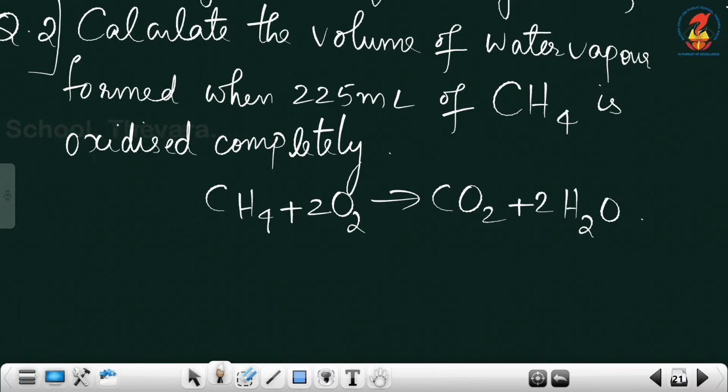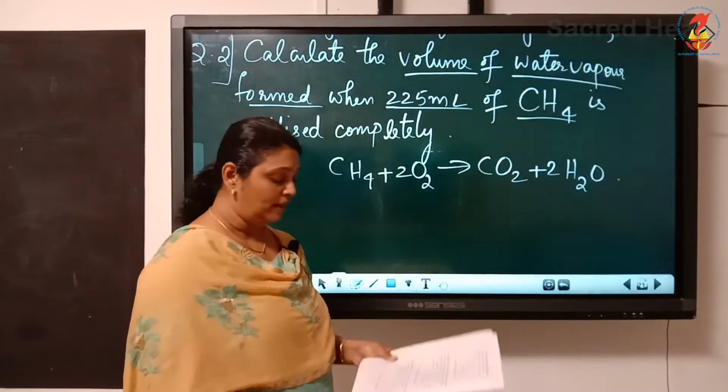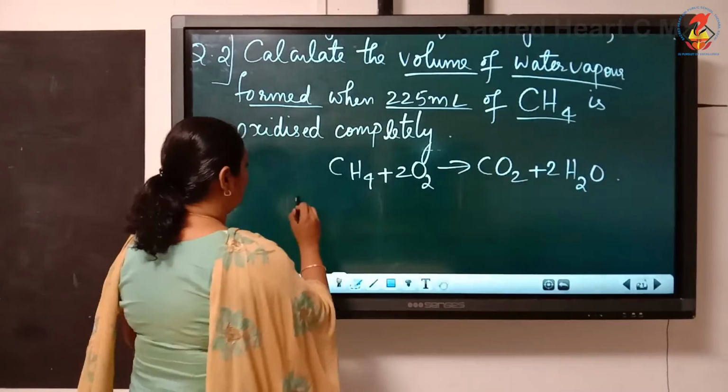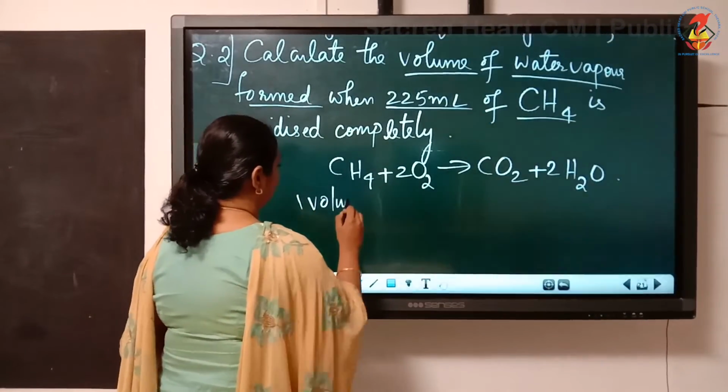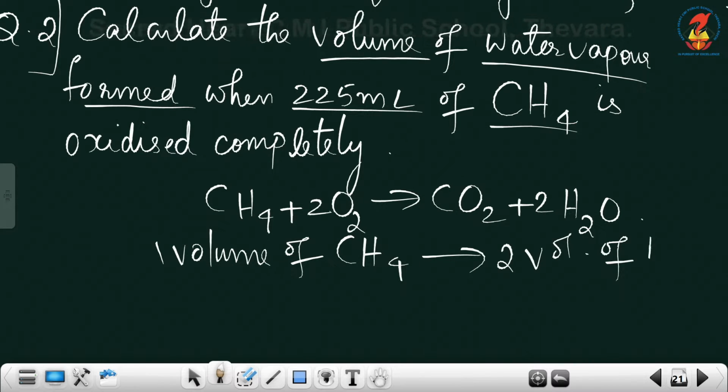Now, the question is to calculate the volume of water vapor formed when 225 ml of methane is oxidized completely. So, according to the balanced equation, 1 volume of methane will give 2 volume of water vapor.